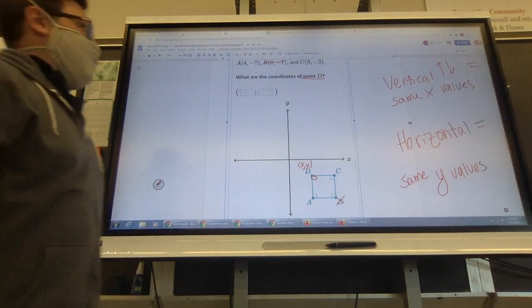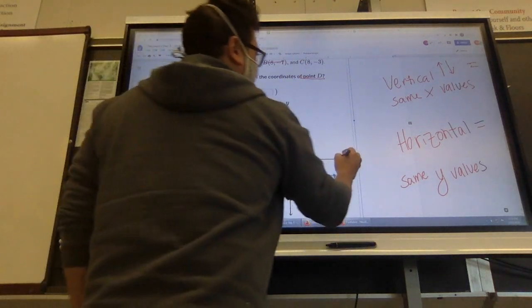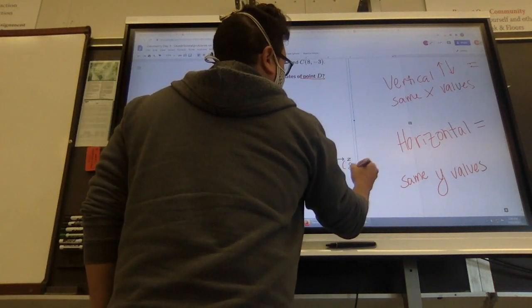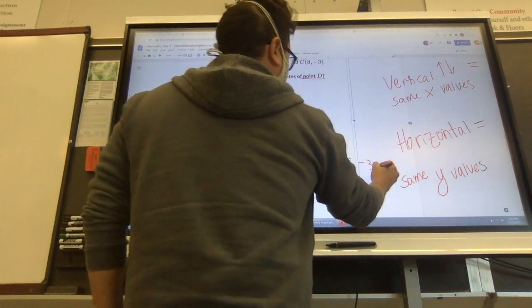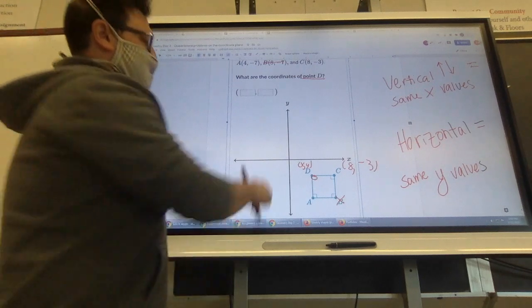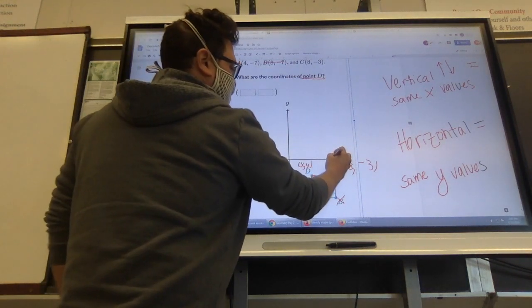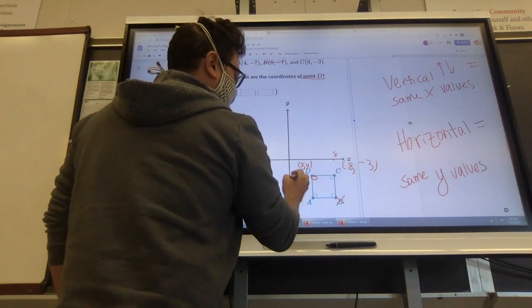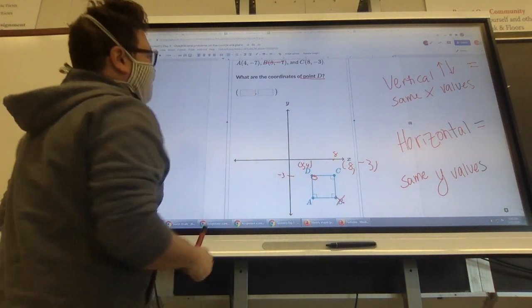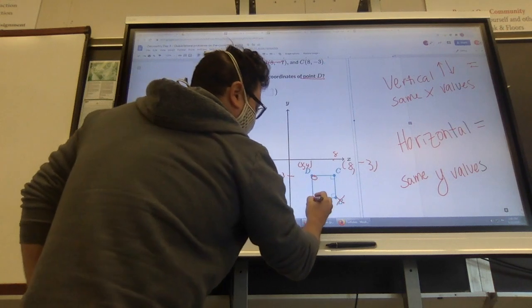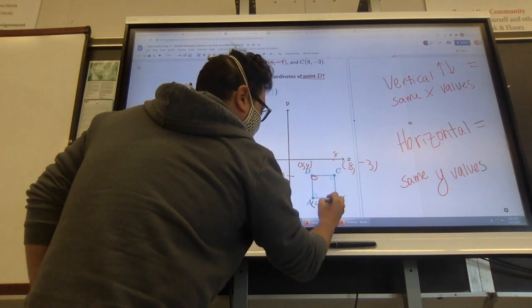So I want to put C is 8, -3, which makes sense. 8 would probably be here. -3 would be there. And A is 4, -7.